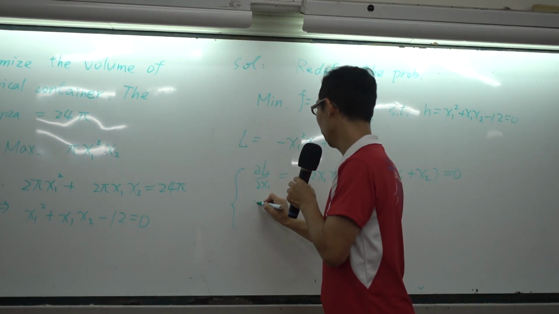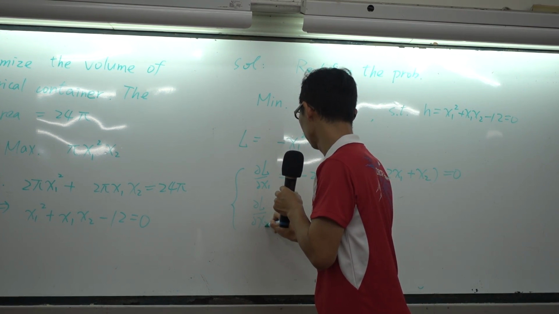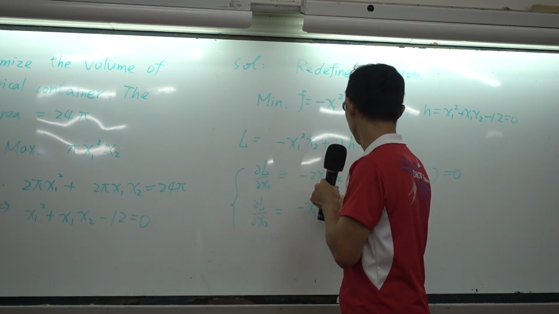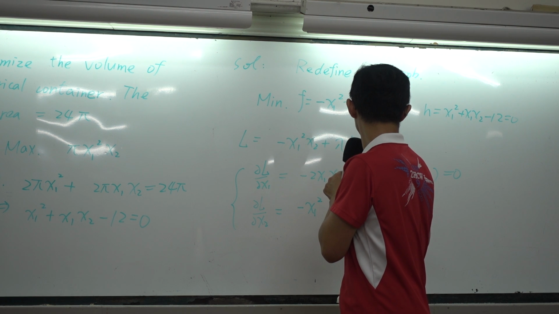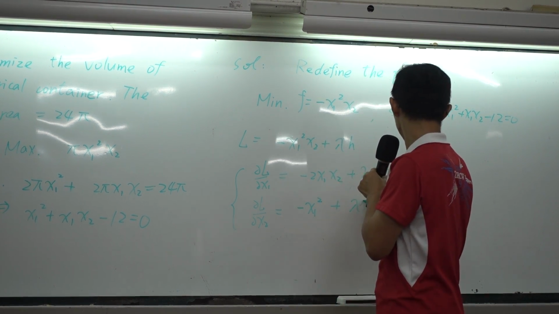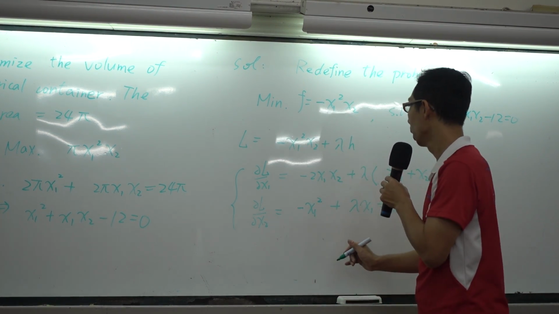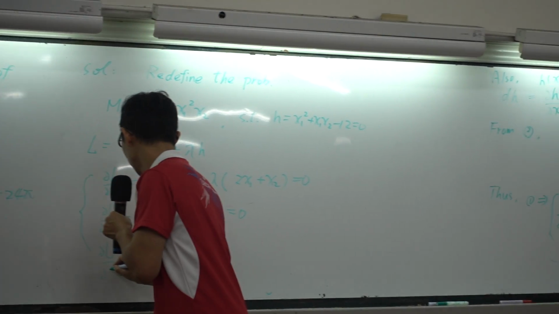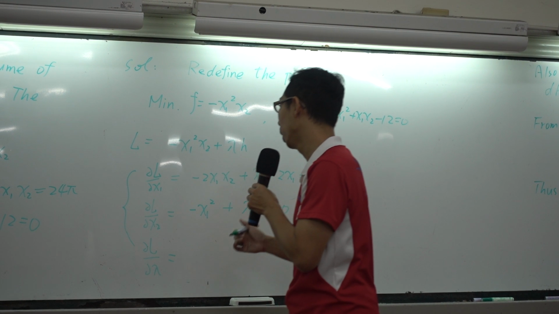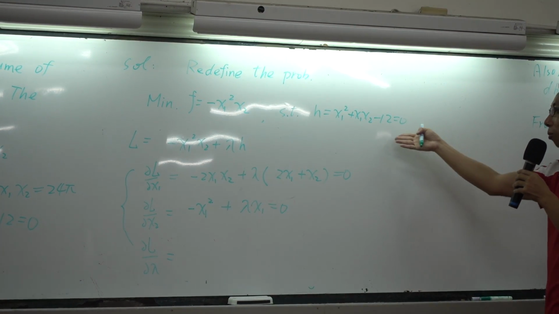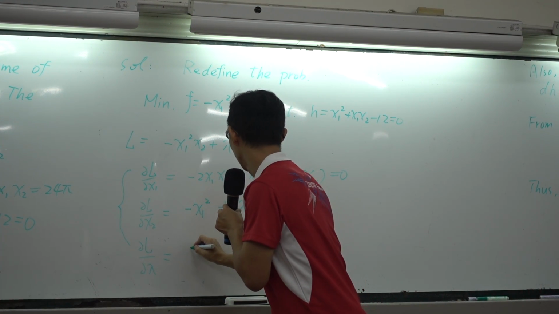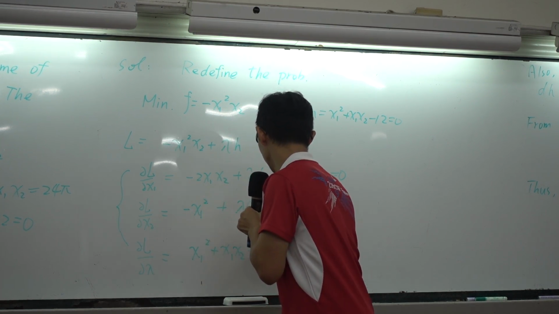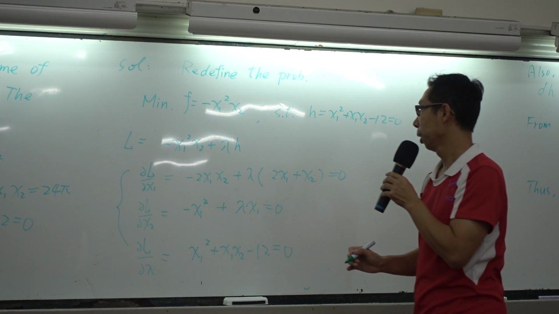And the partial derivative with respect to x2: negative x1 squared plus lambda times x1 equals 0. And the third equation is just taking the partial derivative with respect to lambda, so we end up with the constraint equation: x1 squared plus x1 x2 minus 12 equals 0.